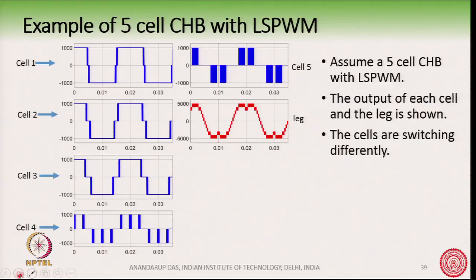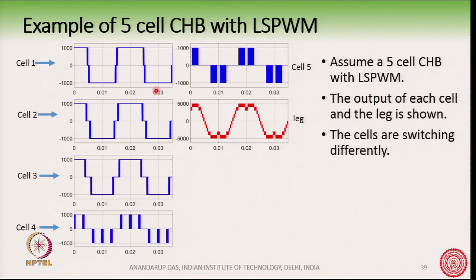Let us take and see this example, that we have a 5 cell CHB and we are taking the level shift PWM strategy, and the output of each cell is shown here. For example, the output of cell 1 is something like what is shown here.